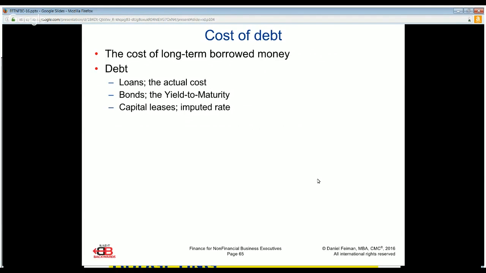We may also have bonds. Now, these are not government bonds, of course. They are corporate bonds. Most of the countries in the world allow organizations that meet specific criteria to sell corporate bonds, long-term, unsecured corporate borrowing.